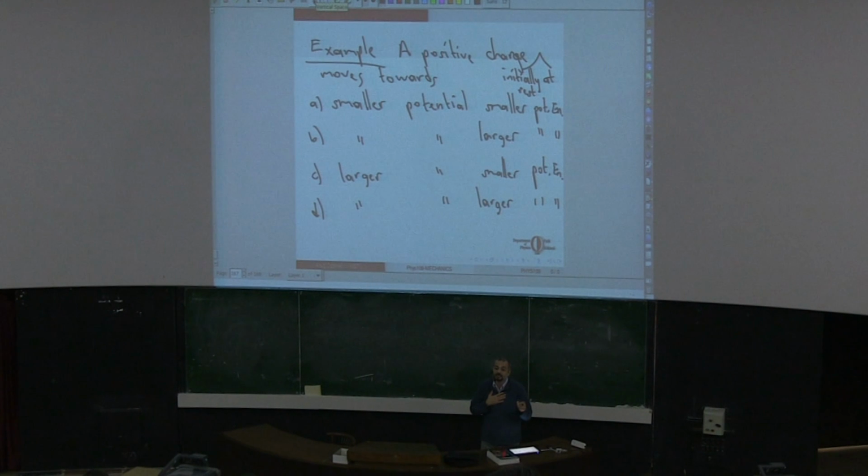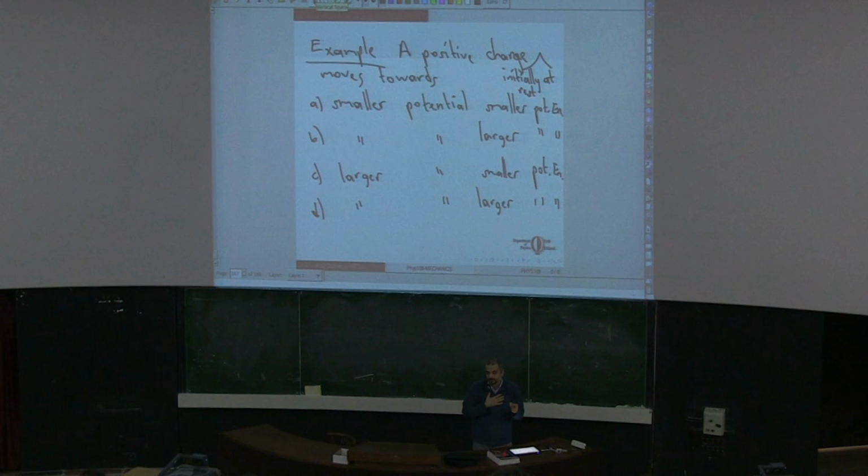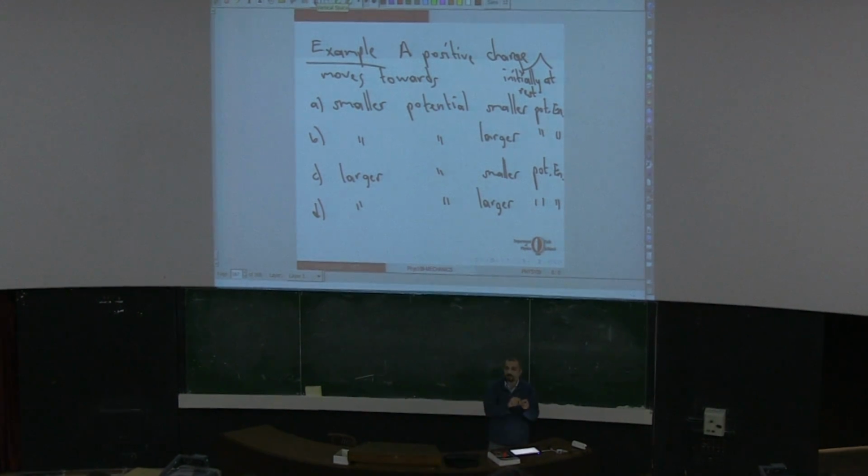Well, the potential energy difference is the work that I have done. So the potential energy difference, if I take this charge from its final destination to its initial destination, I'm doing a positive work. It means initially it had a larger potential energy than finally. So it always goes to a lower potential energy.